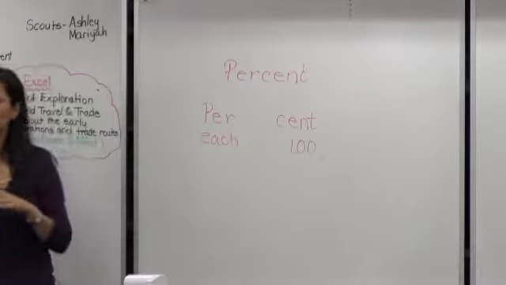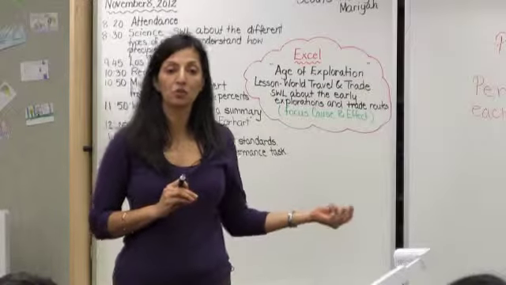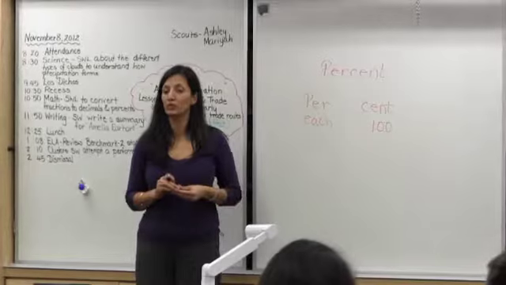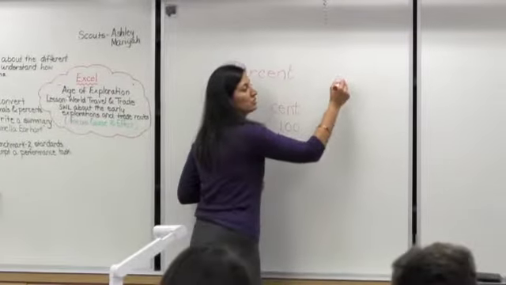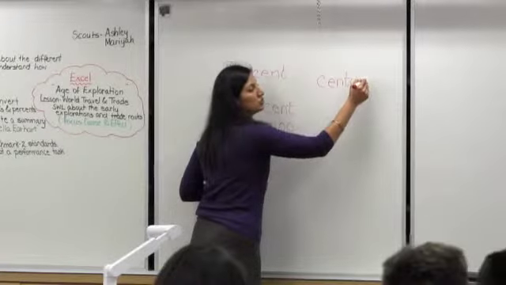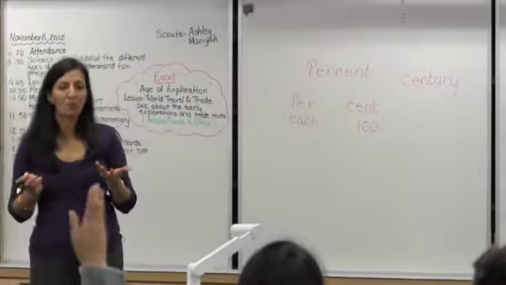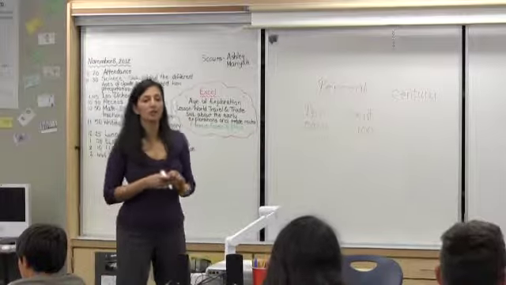I know fifth graders are learning about roots and affixes, and we have several other words that use the same root word cent. For example, century. They're talking about a century in history. How many years would that be, Angel? About 100 years. It is exactly 100 years.